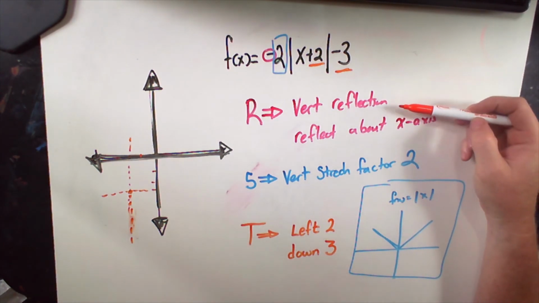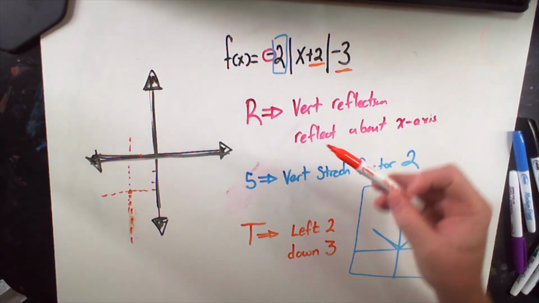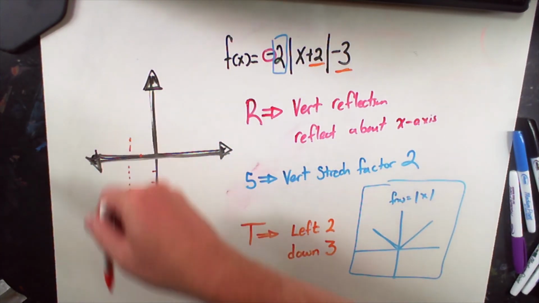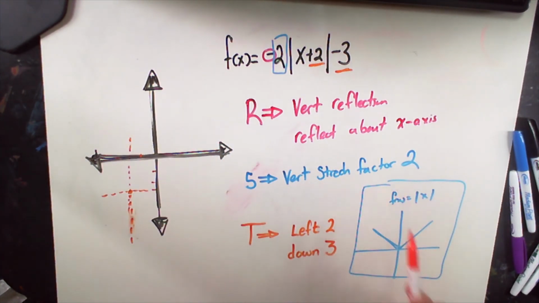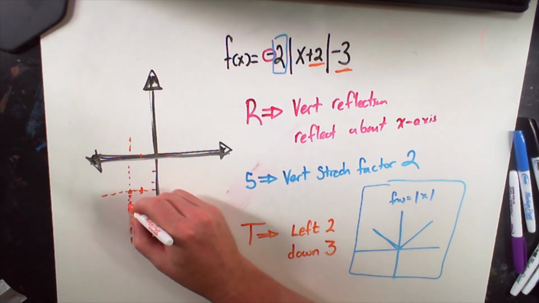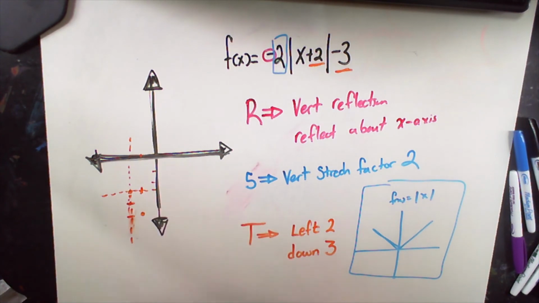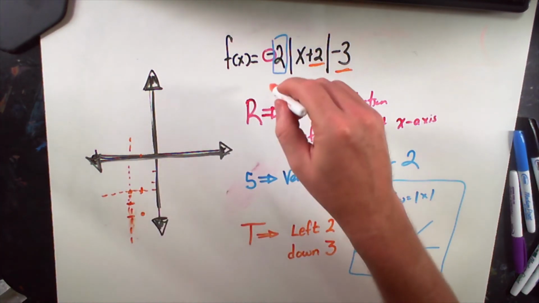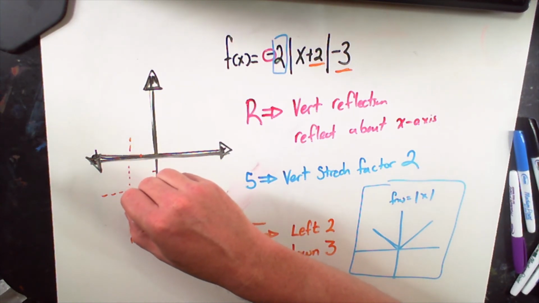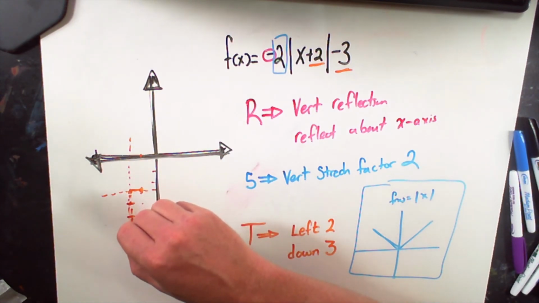Now, because it has a vertical reflection, instead of going up, we're going to come down, and we're going to stretch by a factor of 2. Over 1, down 2. That's where that idea comes in of having the point 1, 1 normally. We start where we're at, and notice, we reflected. So instead of going up 2, it's a reflection. We went over 1, down 2.